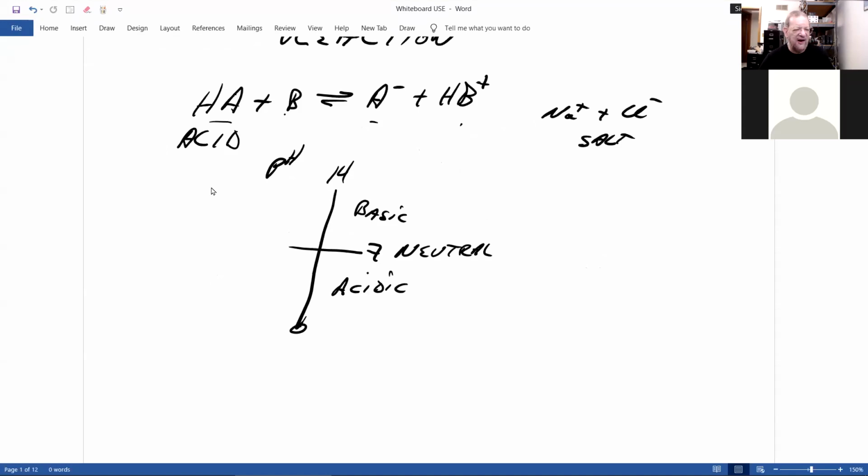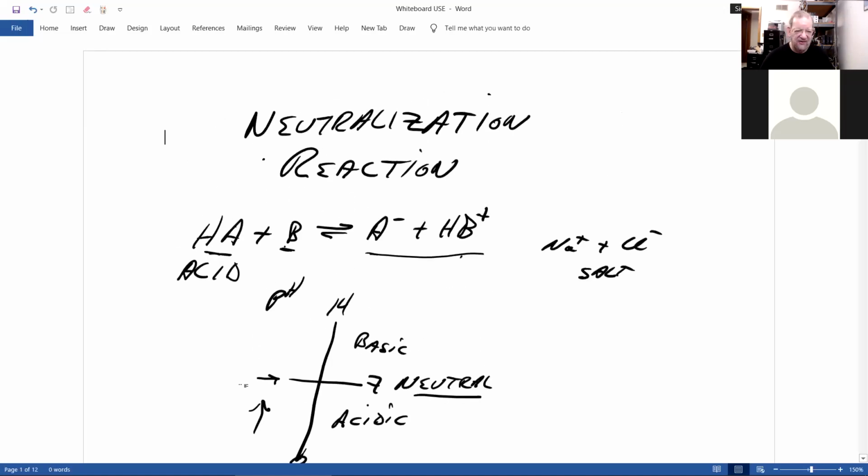When you start out with an acid, as you add base, it's converted to this, and the pH goes up. If you add the same amount of base, mole-wise, as there is acid, you should end up at pH 7, which is neutral, which is why they call this reaction neutralization.